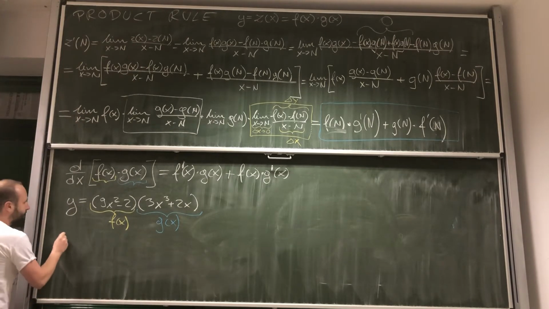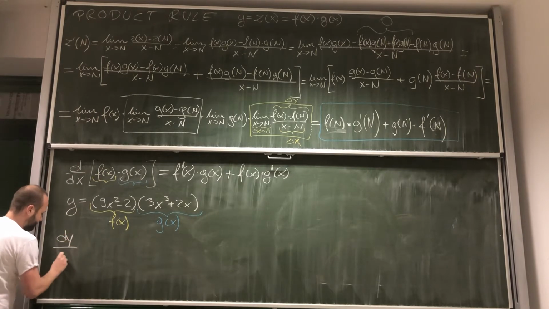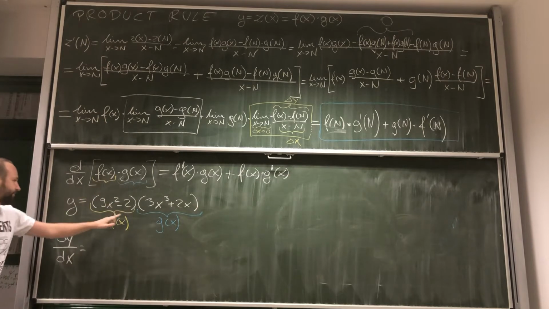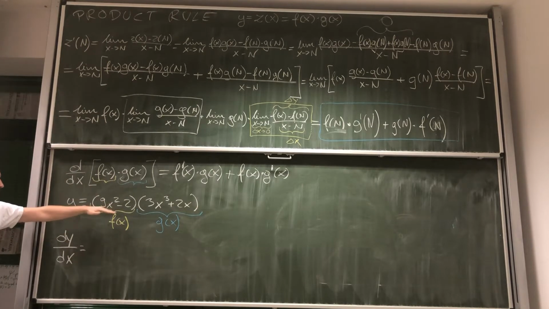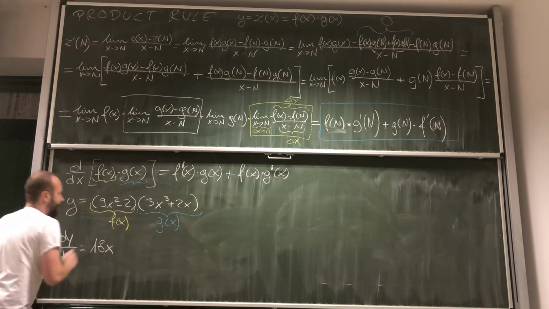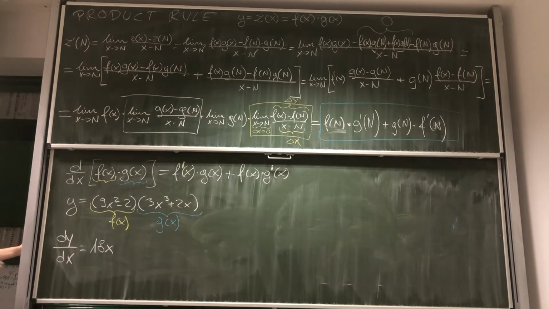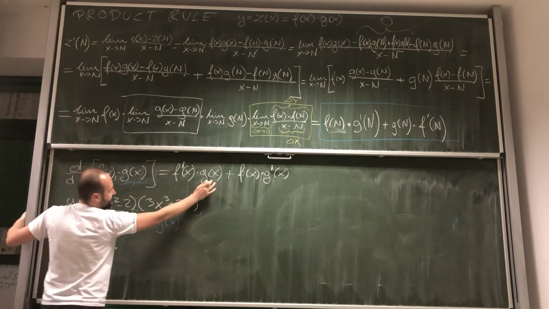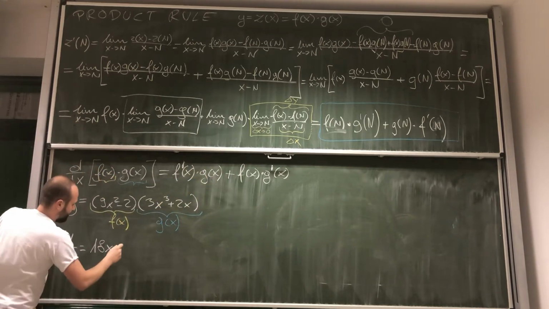So we get dy dx. First, I calculate the derivative of this function. I get out of it that this is simply 18x. And what should I do next? I should multiply it by the second function.